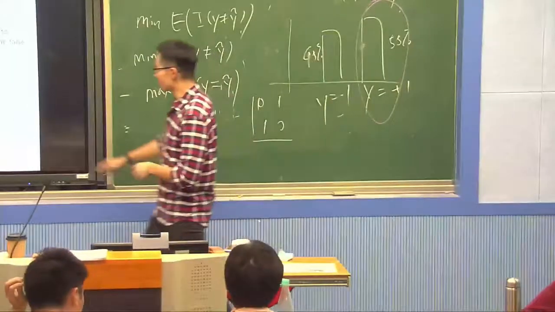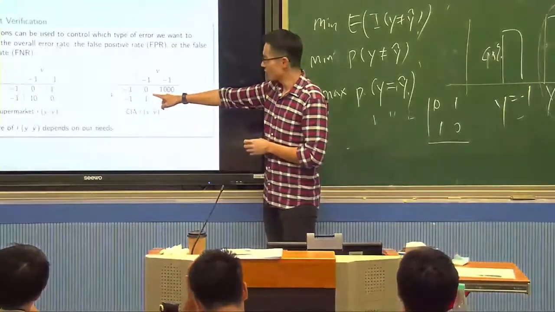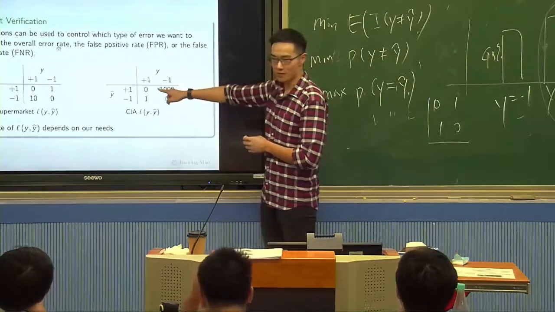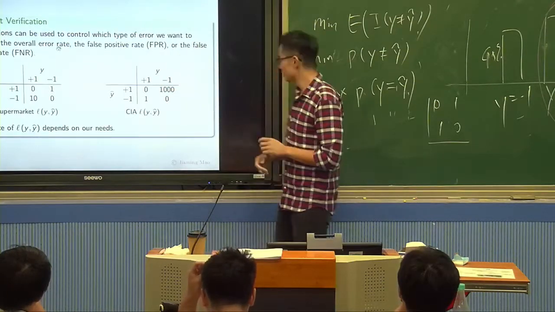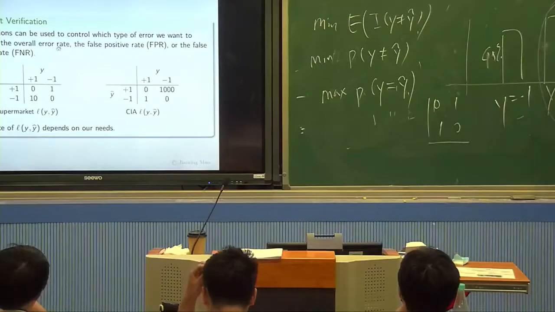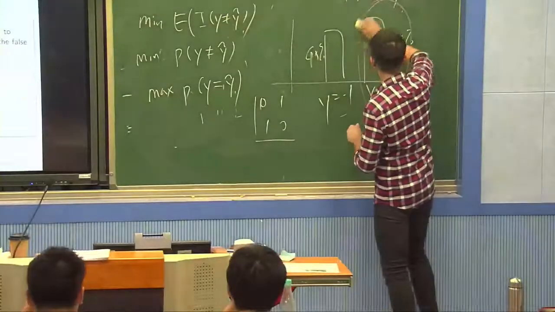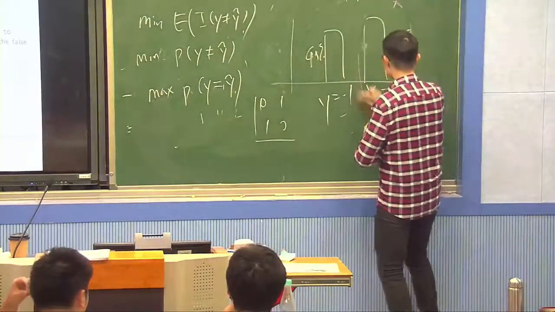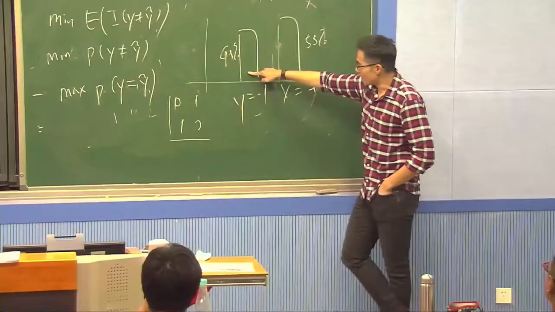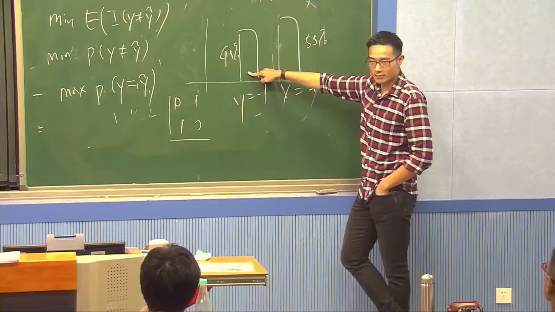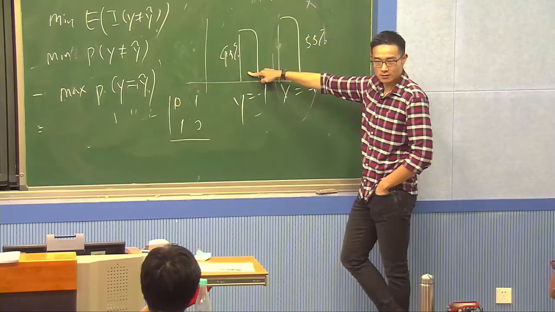Now, if our loss function is something like this, where we really care about false positive, we don't want it to have any false positive. Which one should I pick? Now, if I pick y -1, do I get any false positive?